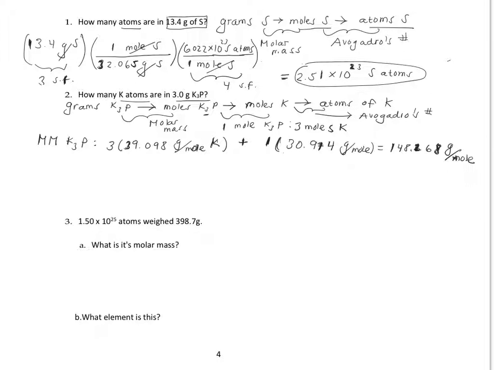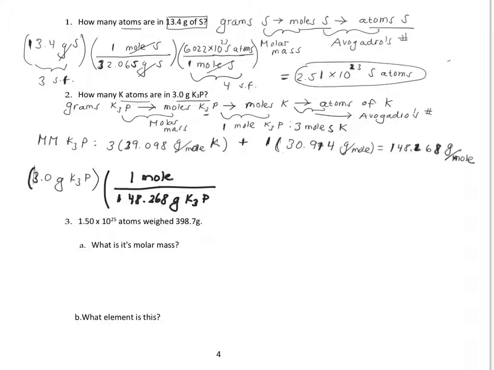Now that we have the molar mass of potassium phosphide, we're going to plug in the information that we have. We start off with 3 grams of K3P, and we're going to divide by the molar mass, which is 148.268 grams of K3P to 1 mole of K3P.